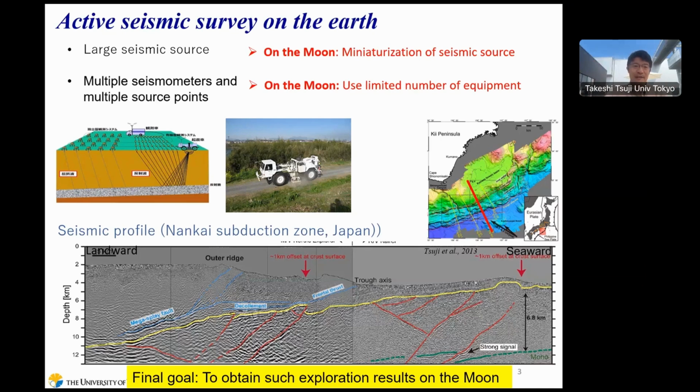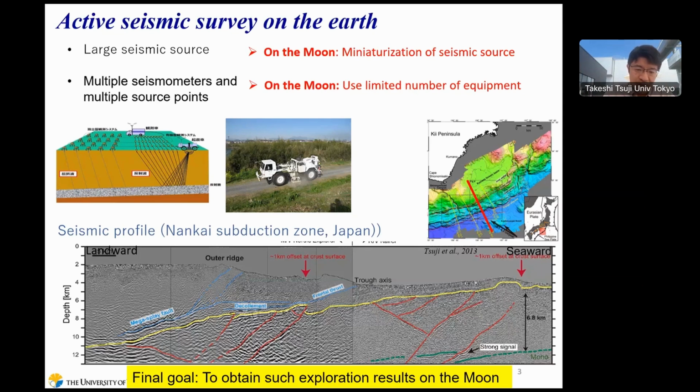We can generate signals at several places on the surface, and as you can see in the bottom part of the slide, we can observe the geological structure down to very deep formations.